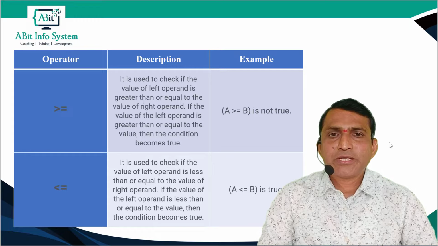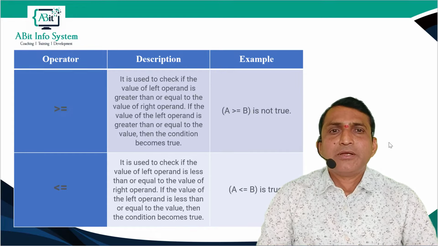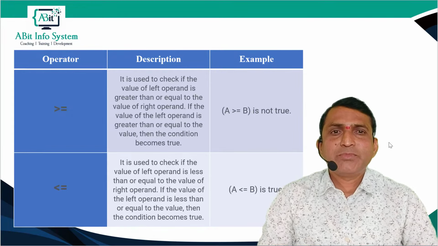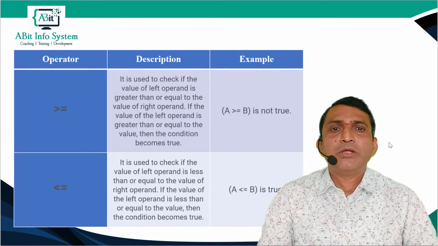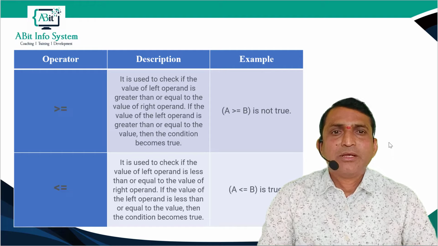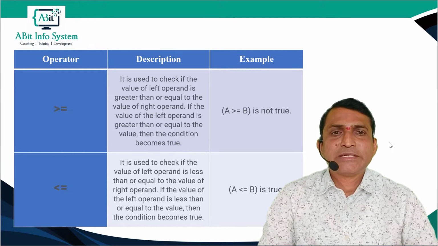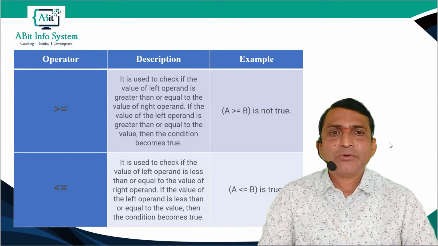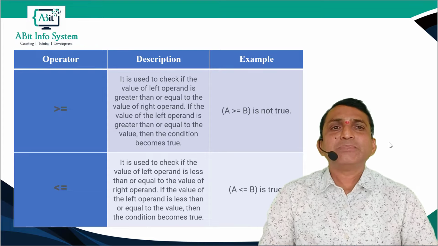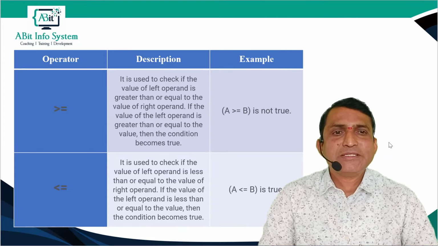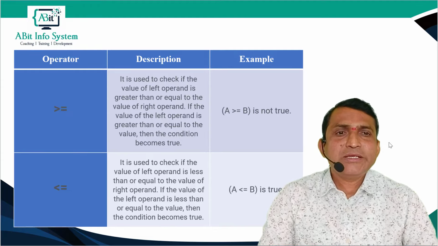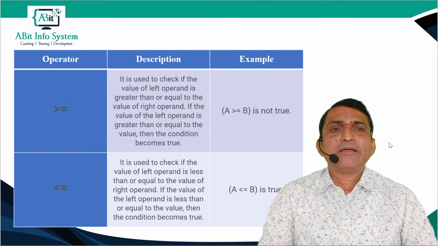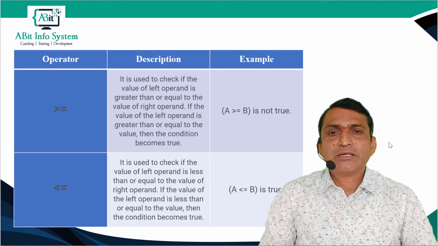The next operator is greater than equals to. It is used to check if the value of the left operand is greater than or equal to the value of the right operand. If the value of the left operand is greater than or equal to the value, then the condition becomes true. So for example, A greater than or equals to B is not true. That means the value of B is greater than A. The next operator is less than equals to.